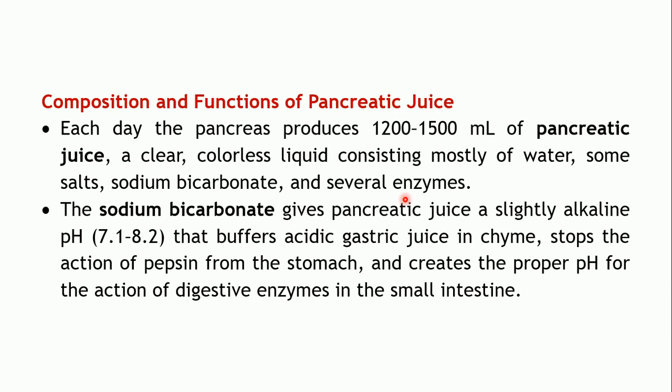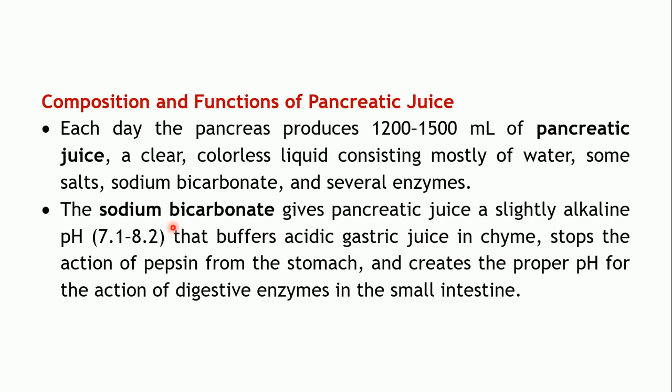Okay, now coming to the functions of each of these. Sodium bicarbonate, as you are all aware, is an alkali, right? So the sodium bicarbonate present in the pancreatic juice gives it a slightly alkaline pH. The pH of pancreatic juice is 7.1 to 8.2. It's an alkaline pH because of the presence of sodium bicarbonate. Now what is the function of the sodium bicarbonate? Why is it produced?